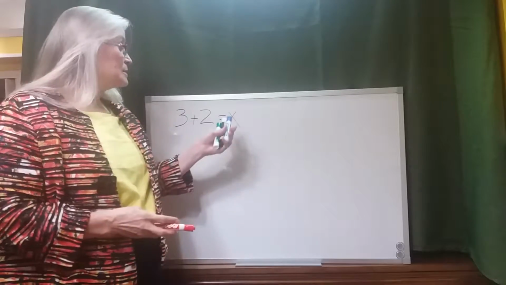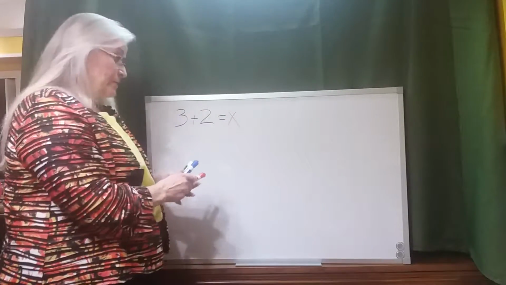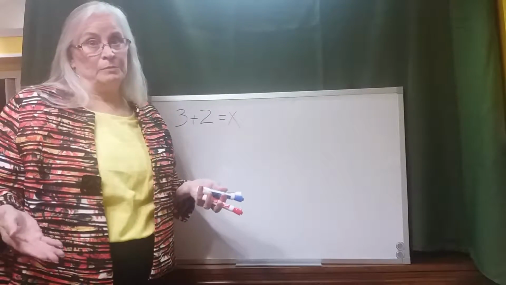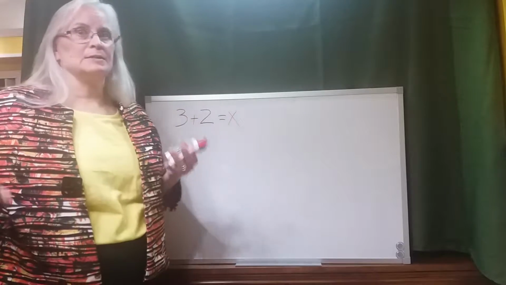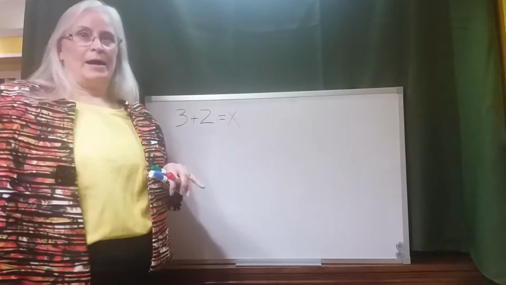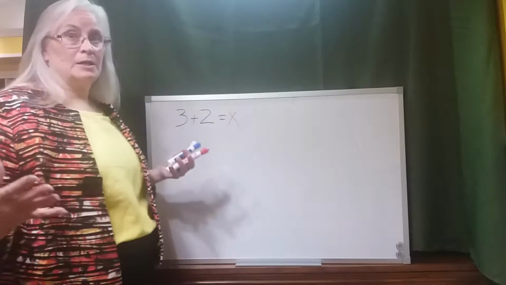Usually in algebra, you're going to see an X or a Y. Okay? This is called a variable. Why? Because it can change from problem to problem. Okay? It's not always the same number. But we'll get into that as we get further into lessons throughout algebra, but not today.